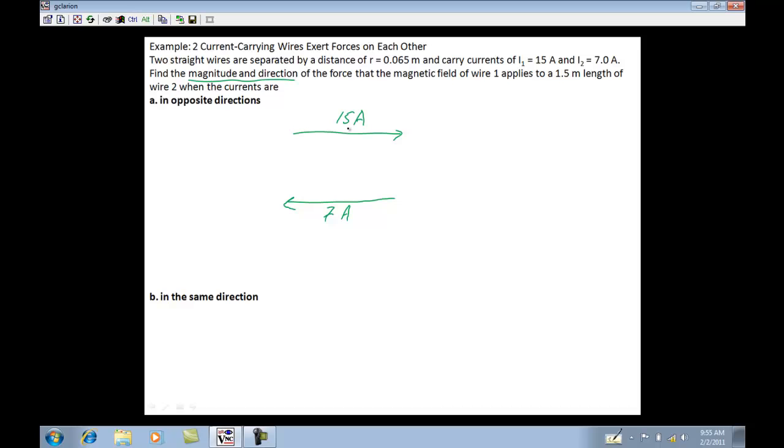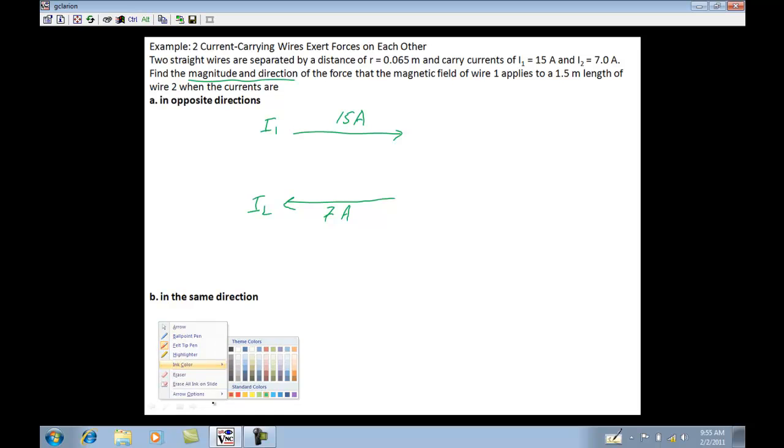What I need to do is find the magnetic field. So let's call this I1, that's the current I1, and this is the current I2. What will I1 do over to I2? What's it going to cause?